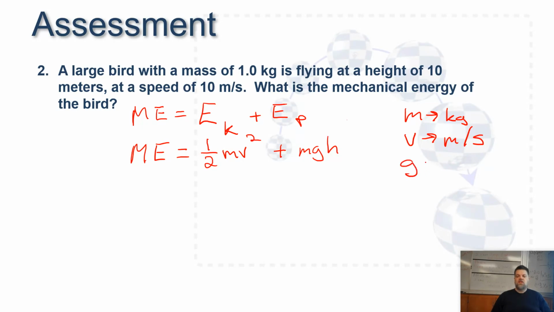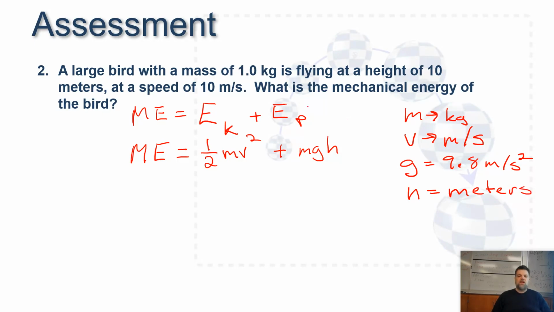We know that g is equal to 9.8 meters per second squared. And then your height also has to be in meters. I'll put meters so there's no confusion.